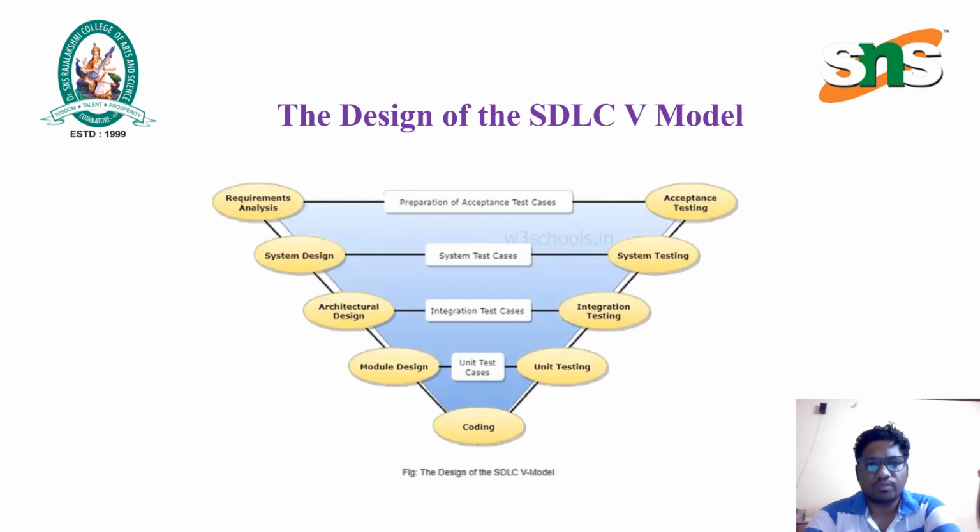Second is system design. Third is architectural design. Fourth is module design and coding. This is the left side of the V model. On the right side we have acceptance testing, system testing, integration testing and unit testing, so the left and right sides are connected through coding.